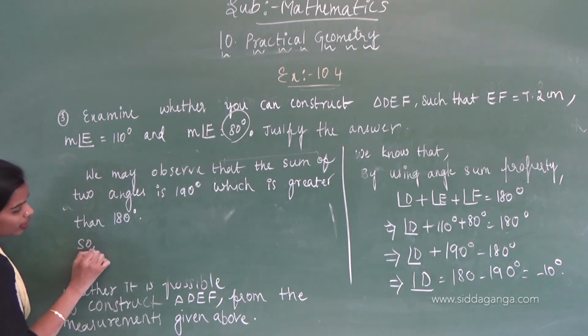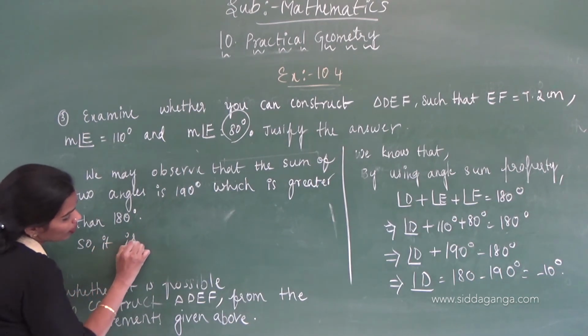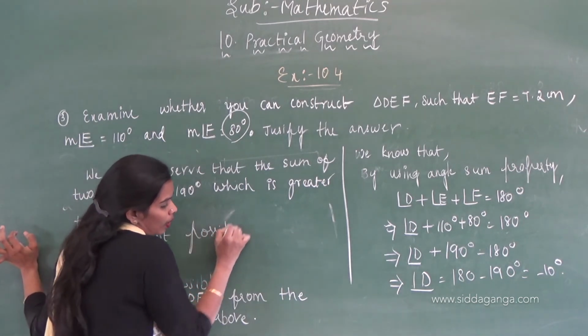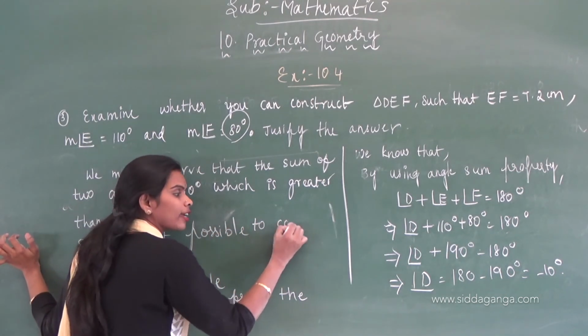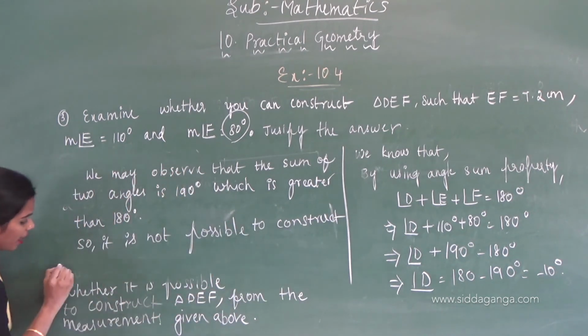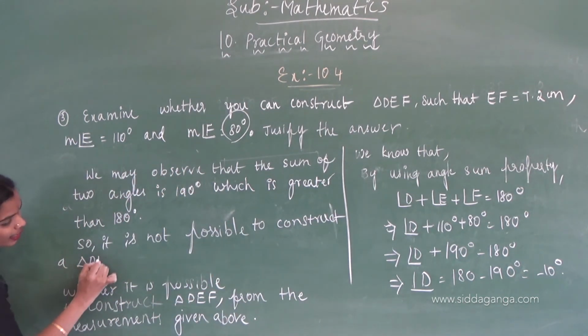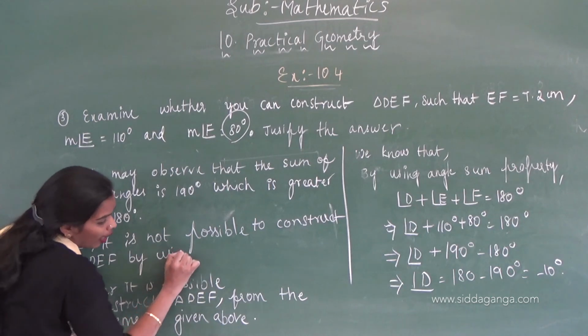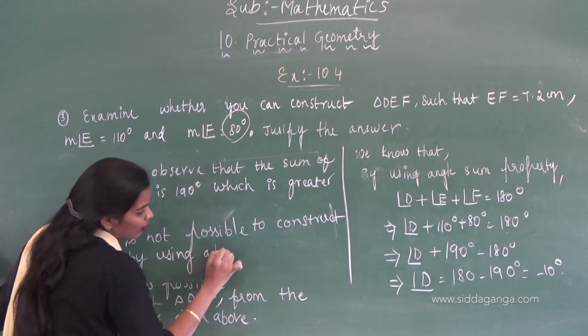So it is not possible to construct a triangle DEF by using the above measurements.